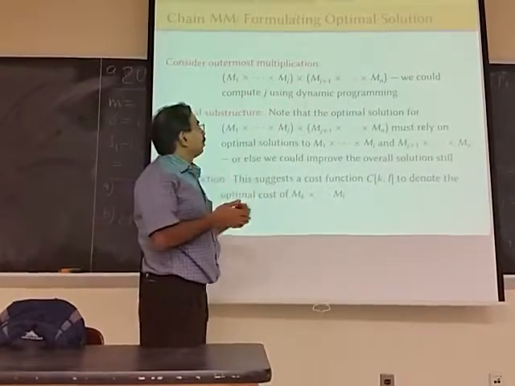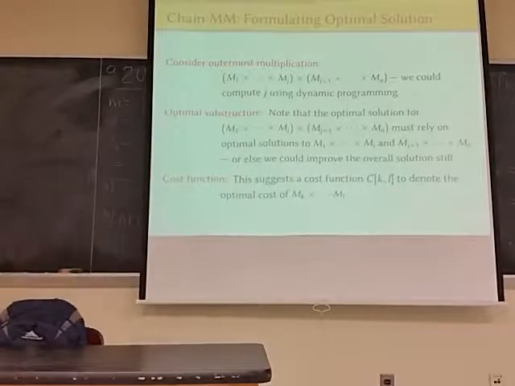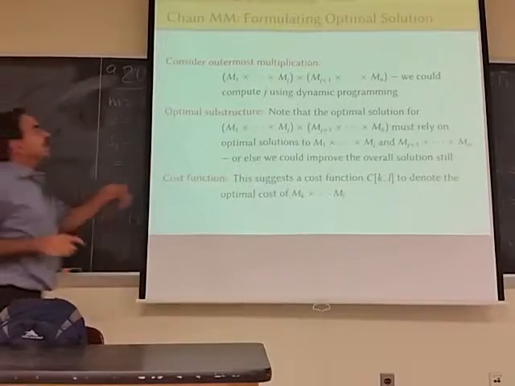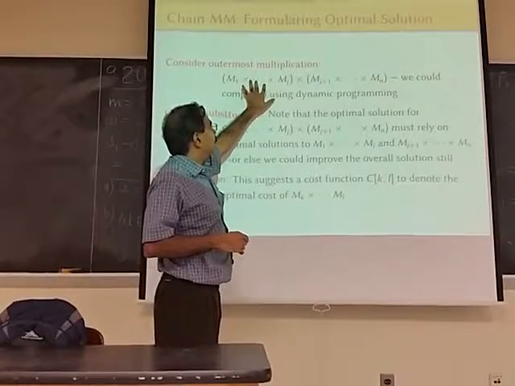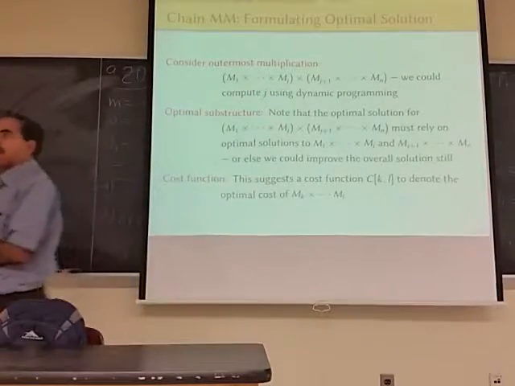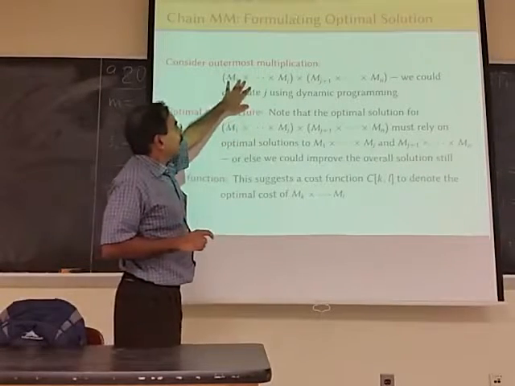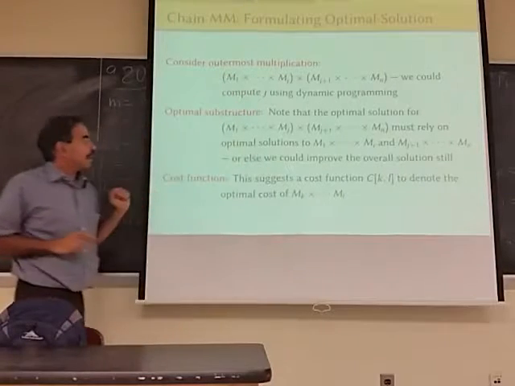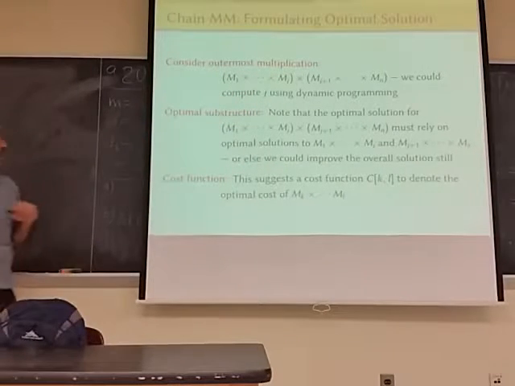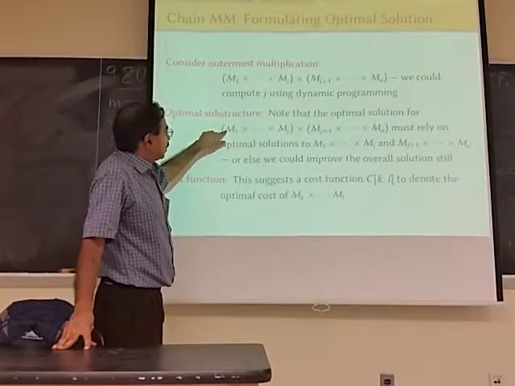Otherwise, you can use the usual switching argument: if somehow you could take a non-optimal solution and use it to achieve an optimal solution, then one of them is not optimal, so your claim that both of them are optimal is incorrect. So this is a contradiction that I can arrive at by switching one out for the other. So that is the optimal substructure.